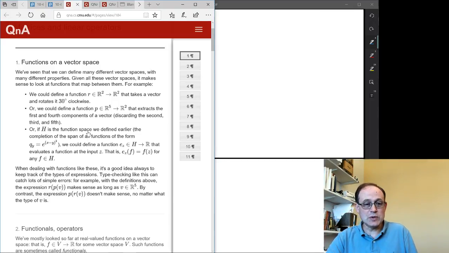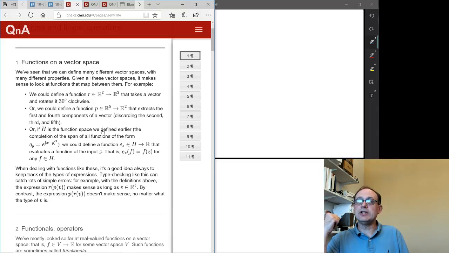And so there are a few examples, and just to reiterate, when there are a lot of vector spaces floating around, it's a good idea to type check in your head any expression that we write down, because it can help you catch an error, right? Maybe you wrote something in the wrong order, and if you type check it, you'll catch that mistake.